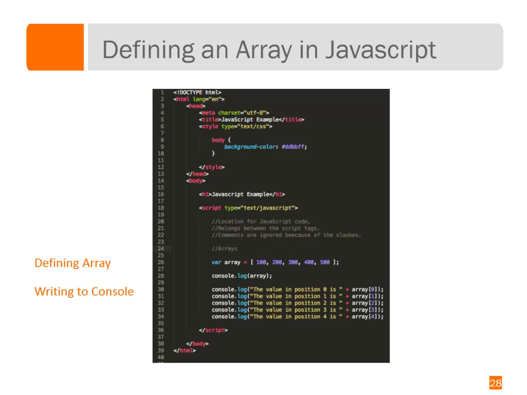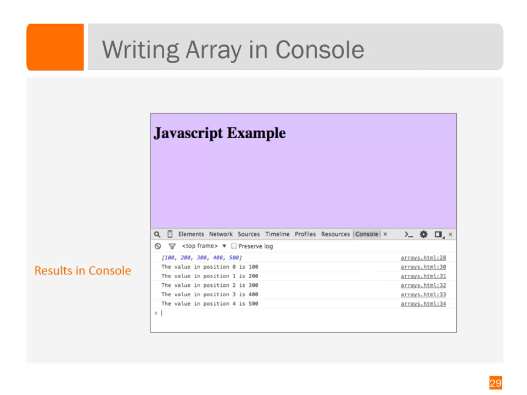So once we do this, when we execute this code, what we're going to find is the example on the top there will be the web page. That's what anyone using a browser would see. If we right click and select the console, we'll see the results in the console.